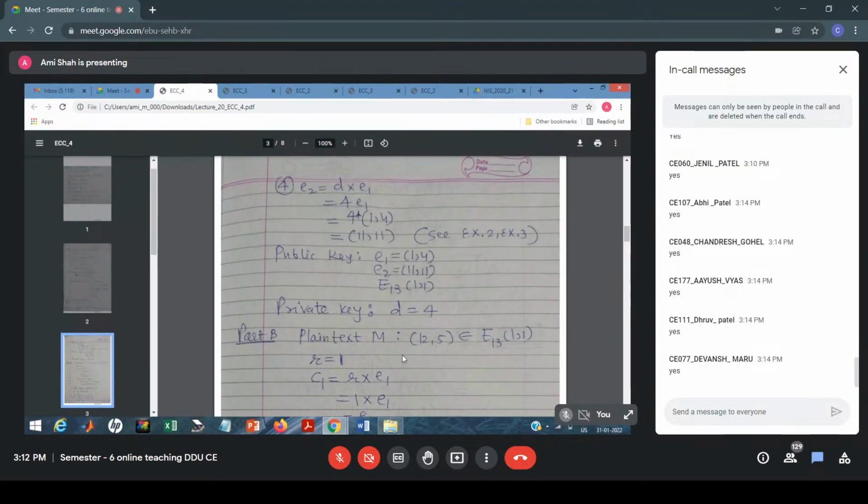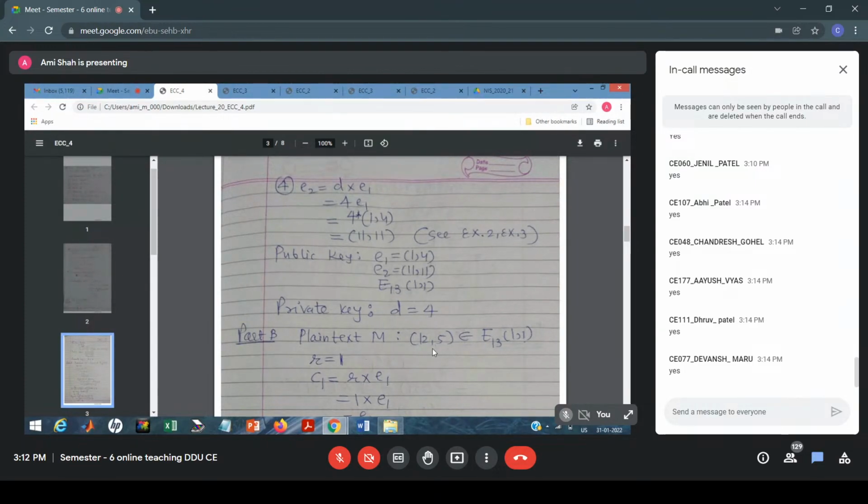Yes. Whenever you choose plain text, in the basic ElGamal cryptosystem we are taking a number, right? But here in an elliptic curve, we are taking a point. So for plain text, you have to choose a point which belongs to this curve.